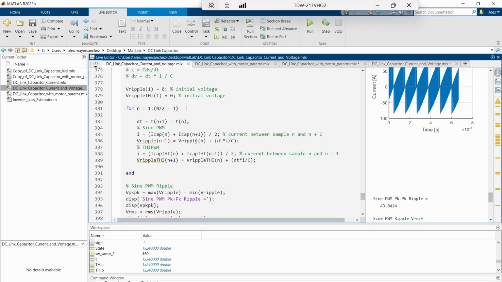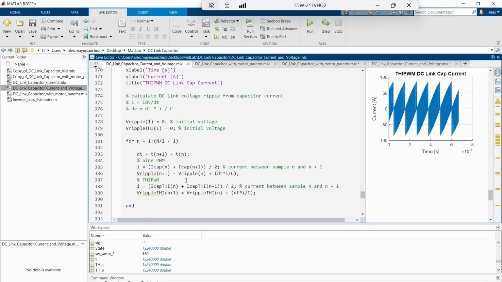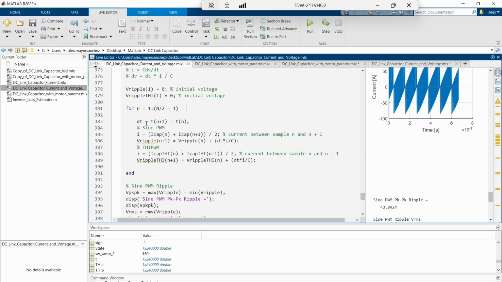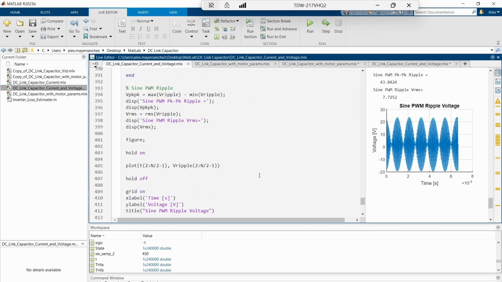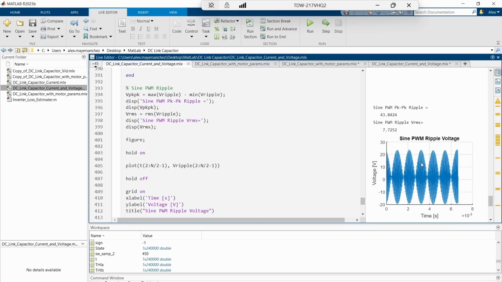Then I have to initialize the ripple, and I'm initializing it as 0. So as this for loop iterates, it's basically adding these little dV steps within each of these discrete time steps. And then from this we can plot it, and here we see what the DC link voltage is.